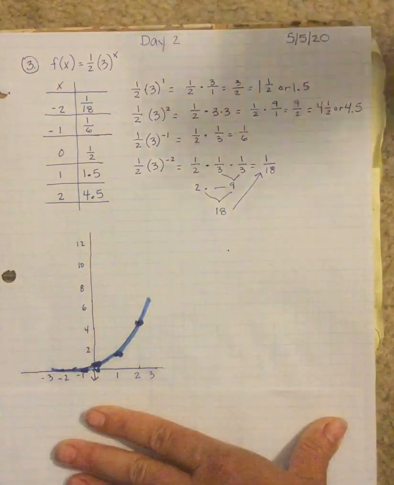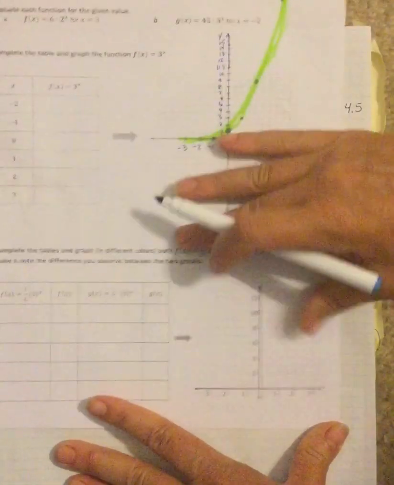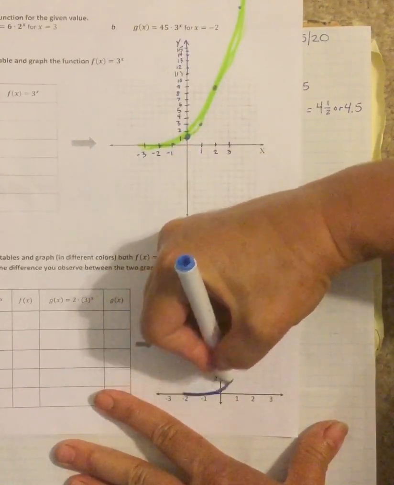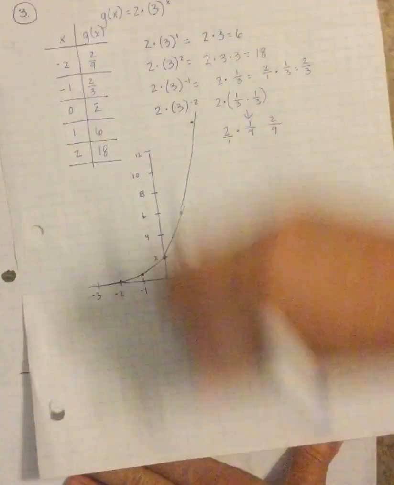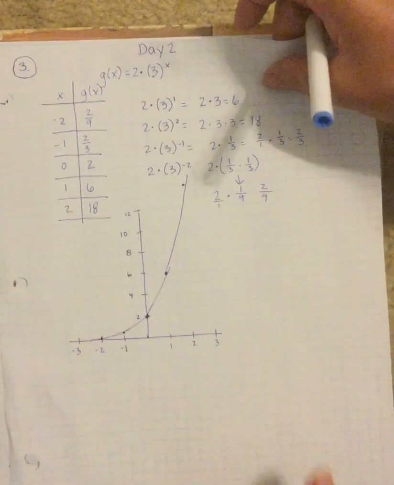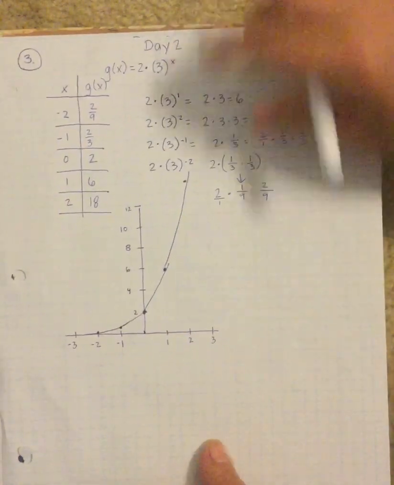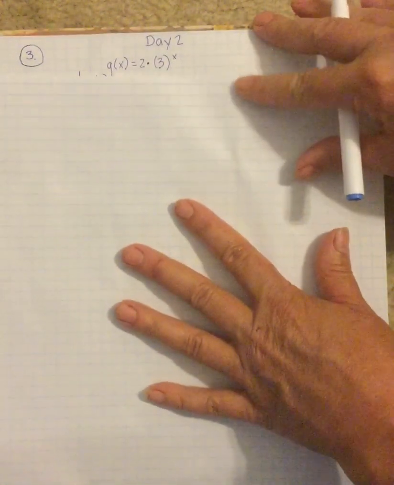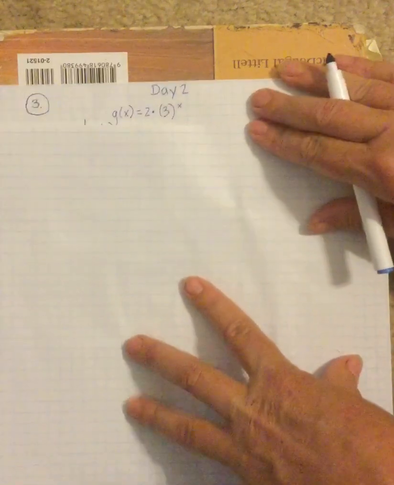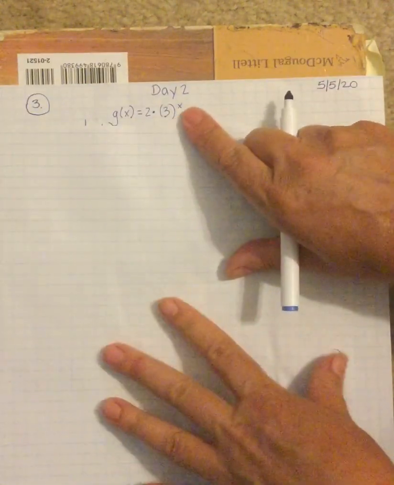Yours will all be on one graph, like this, but I did mine separate. So here's the second part. Now we have g of x equals 2 times 3 to the x power.